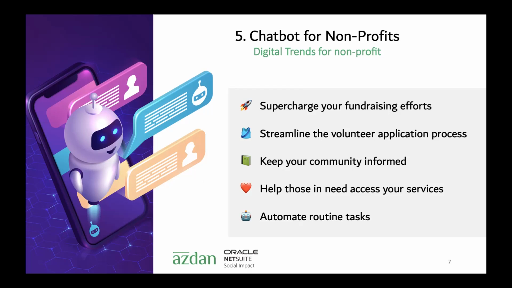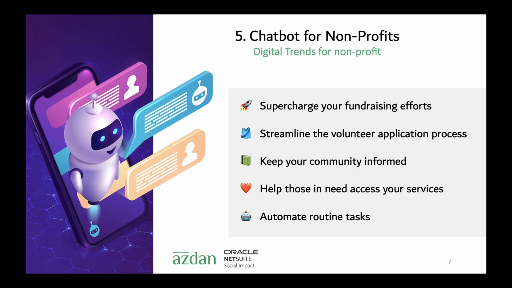So how can the robots, or what we call the chatbot, help me if I have any question, as a volunteer doing an application for this non-for-profit? How can such automation help when it comes to keeping your community informed, and giving access to any kind of services that you are offering as a non-for-profit organization?